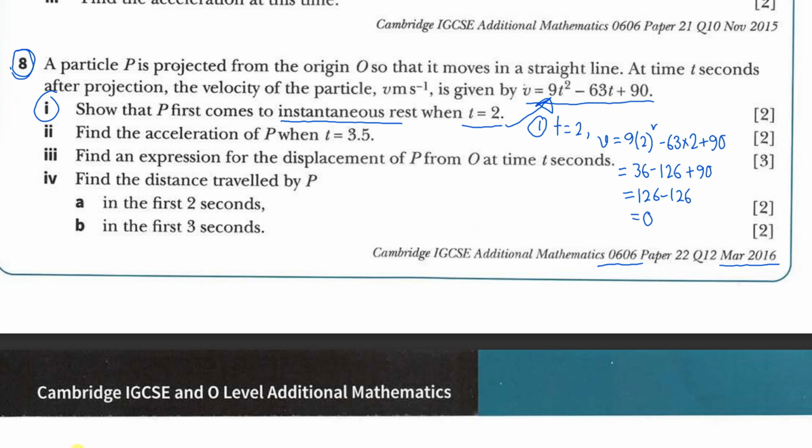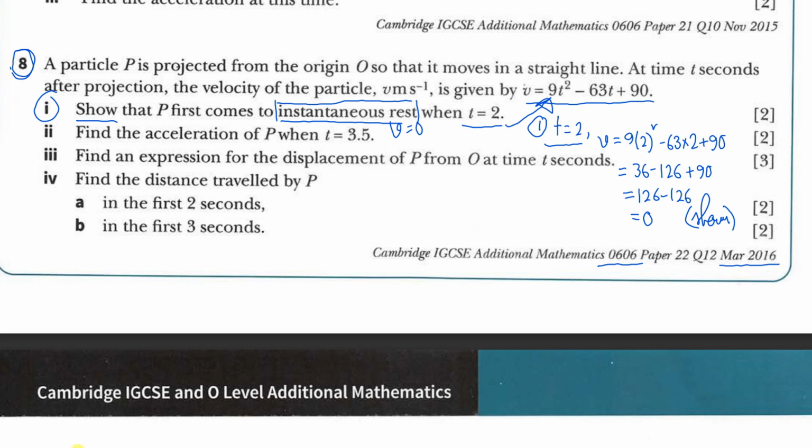So it shows that at time t equals 2 the velocity becomes 0, and that point is called rest. At rest, velocity becomes 0. It is asking you to show, so you can write here, shown. That is the working of the first question.